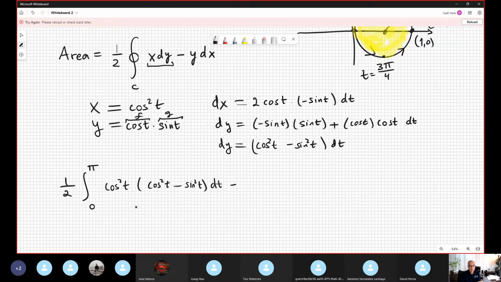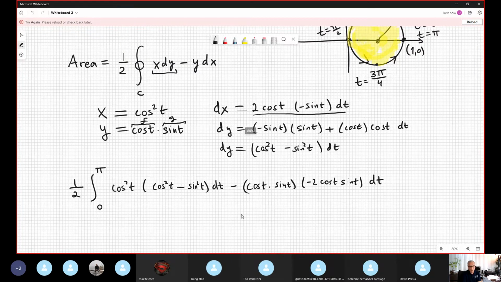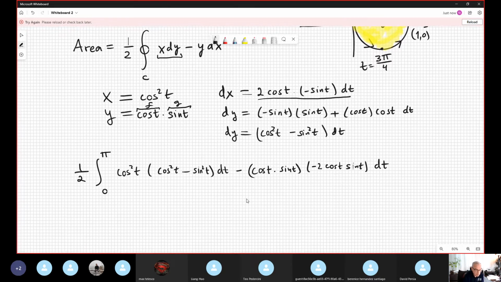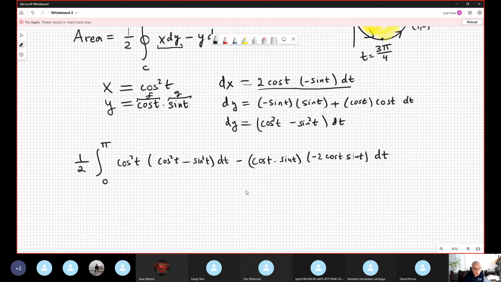Minus. The second part is y. Okay, y is cosine t times sine t, multiplied by dx, and dx is this: minus 2 cosine t sine t dt. I put double dt, it's okay, only one either way. And now the multiplication. This is algebra.